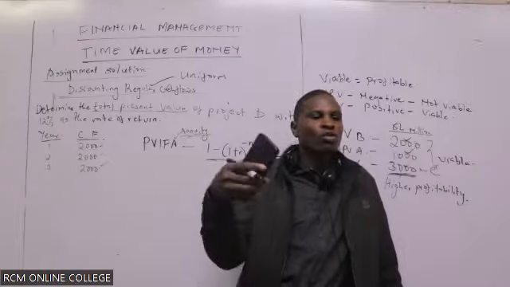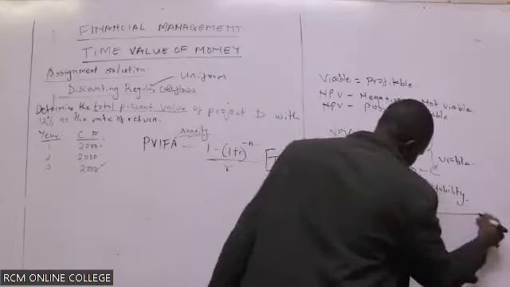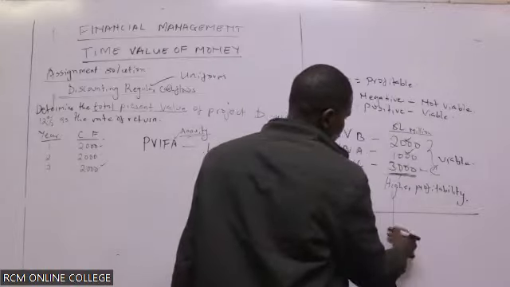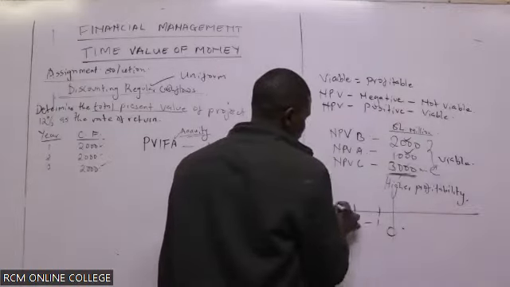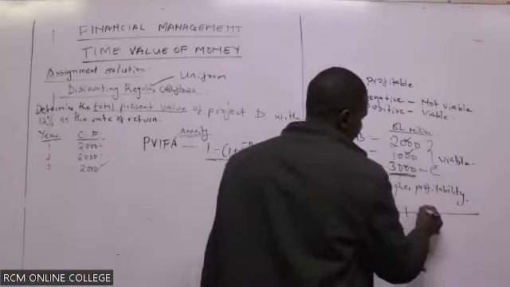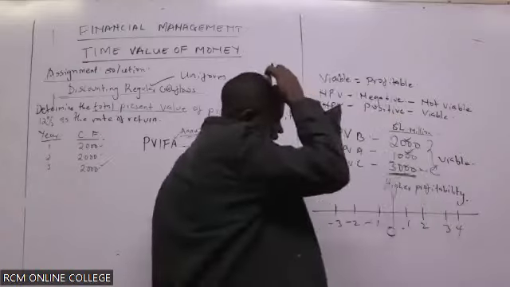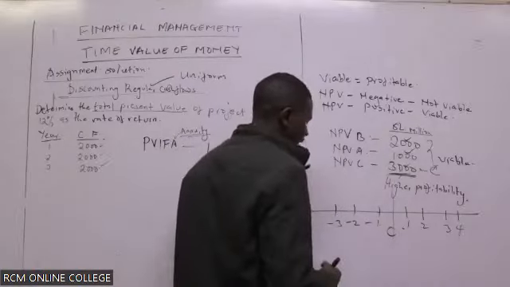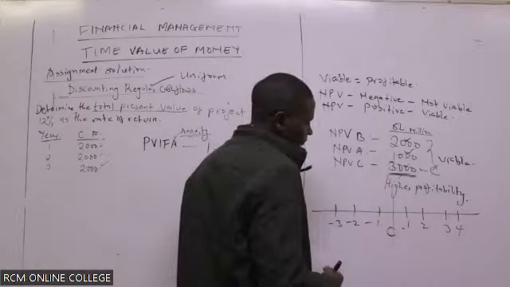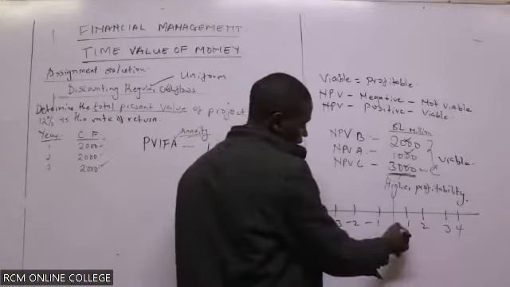Remember, discounting means we go backward. Let me remind you of the number line. Here we had 0, -1, -2, -3 and 1, 2, 3, 4. I want you to master financial management and understand what we are talking about. So 0 is the center.